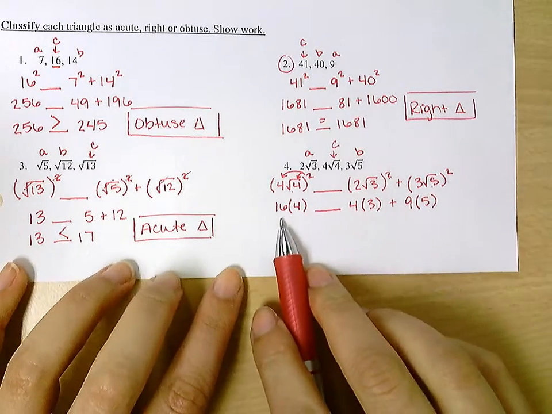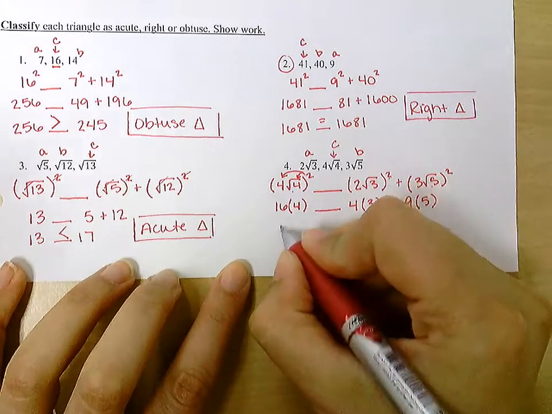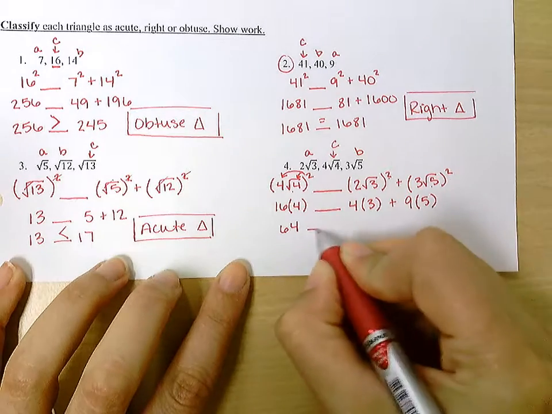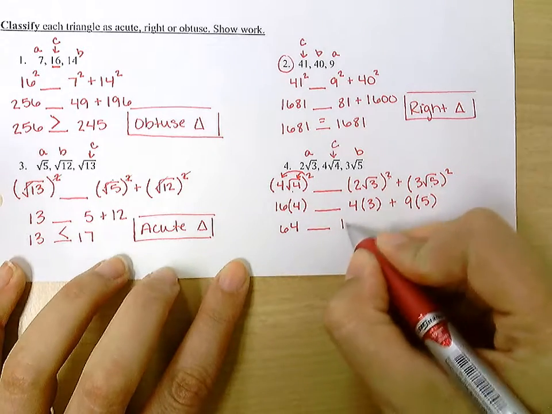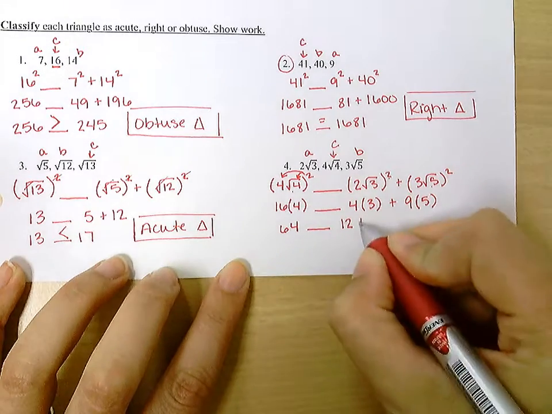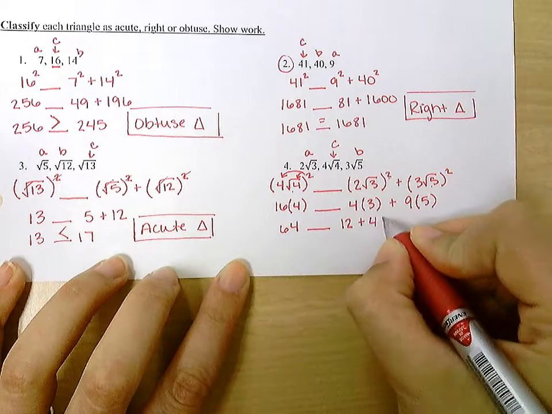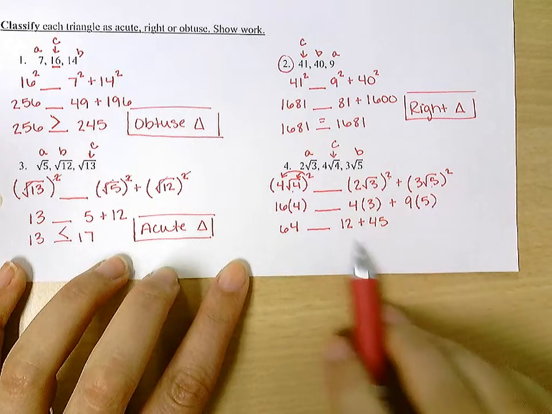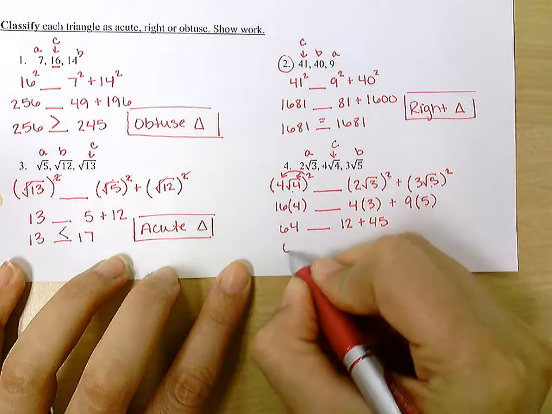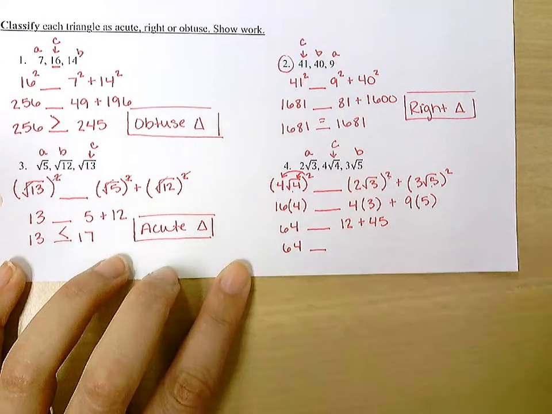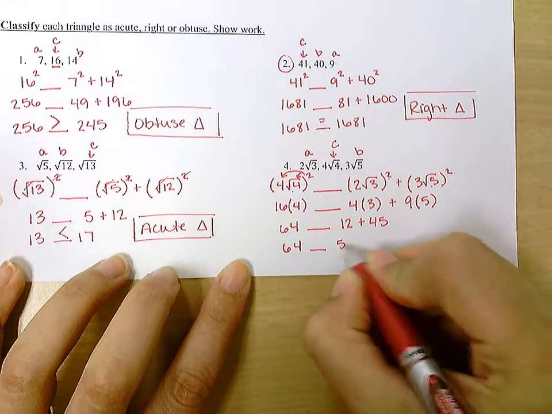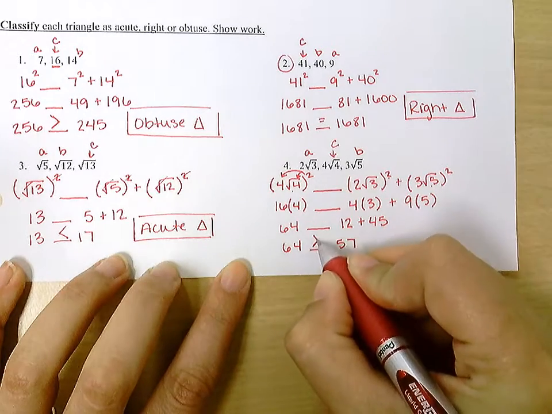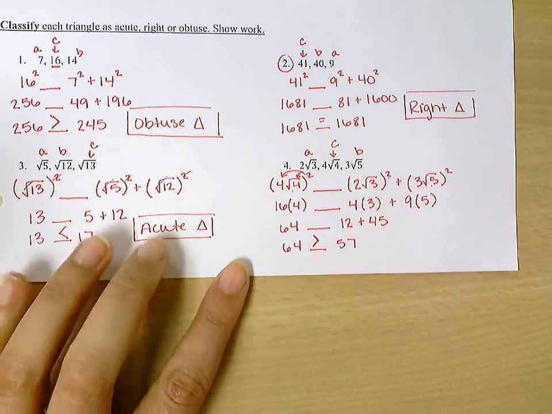So we have 16 times 4. That's 64. Okay, 4 times 3 is 12. 9 times 5 is 45. And now all I have to do is add these two together here. So we have 64 compared to 57. 64 is greater.